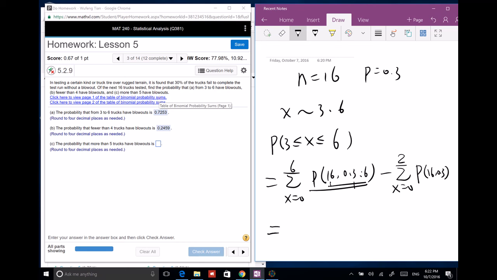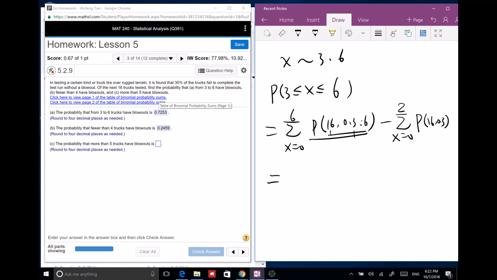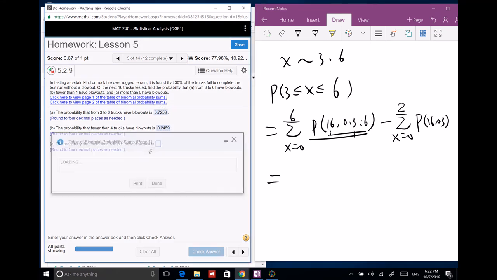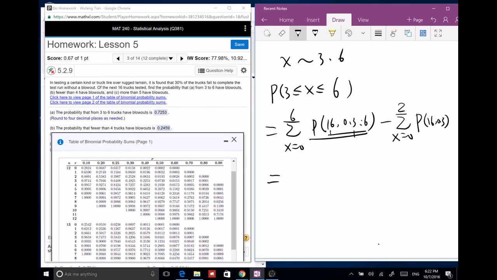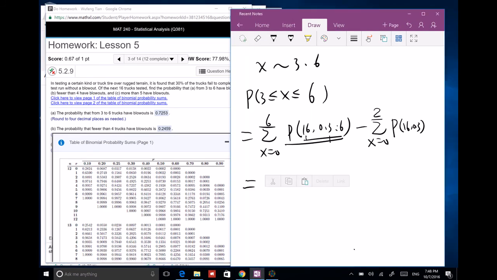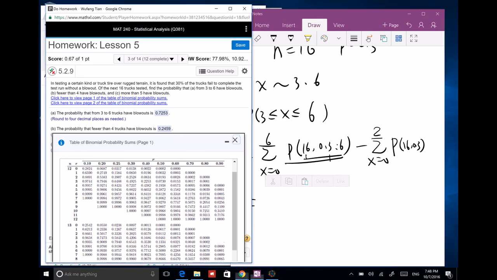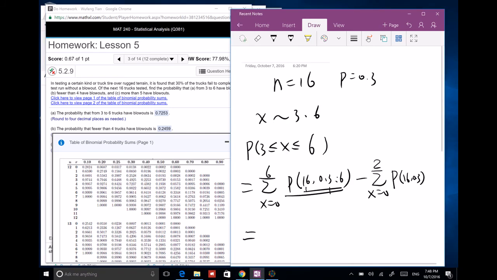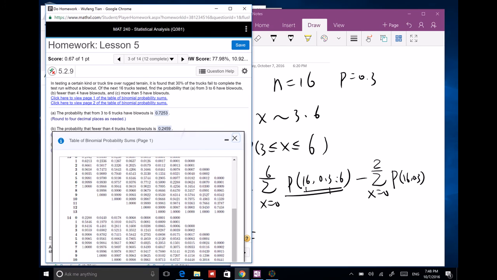Alright, so for the rest of them you can use the table to find them. So we have the probability from 0 to 6 with p equals 0.3. We check n equals 16.